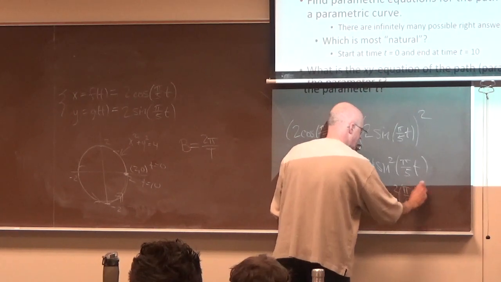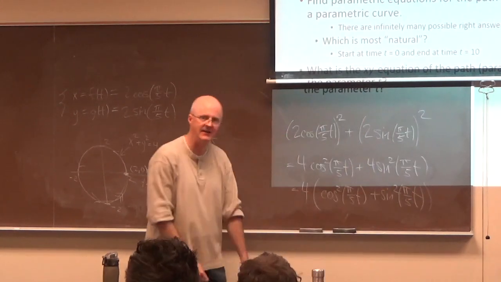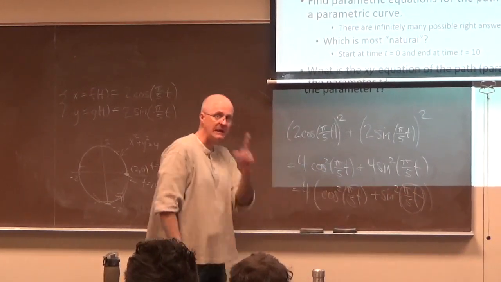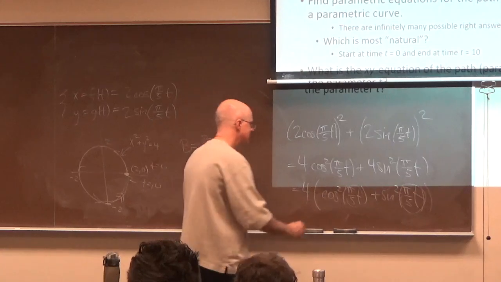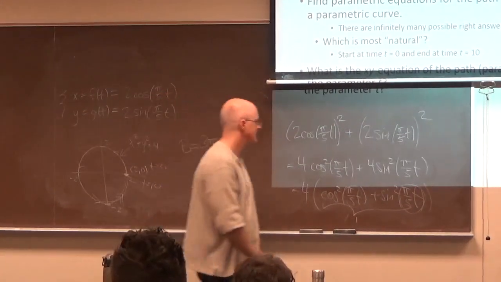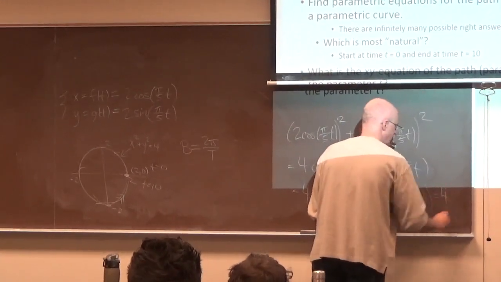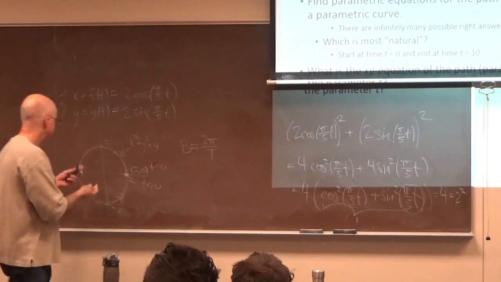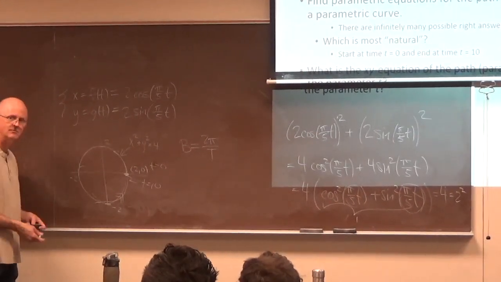And it does not matter that it's some crazy number pi over 5t. As long as these match, this expression will equal 1, no matter what t is. This is a big 1. So this simplifies to 4 times 1, 4, which is 2 squared. We are on the circle centered at the origin of radius 2.